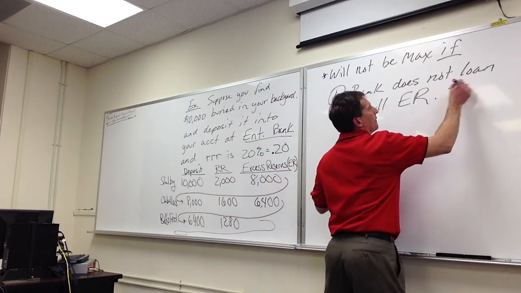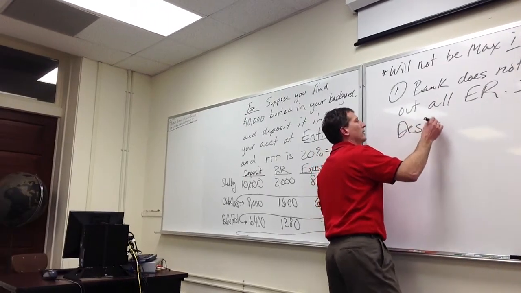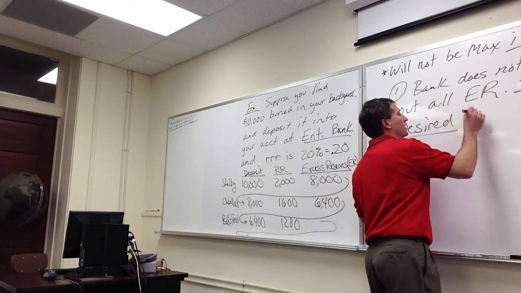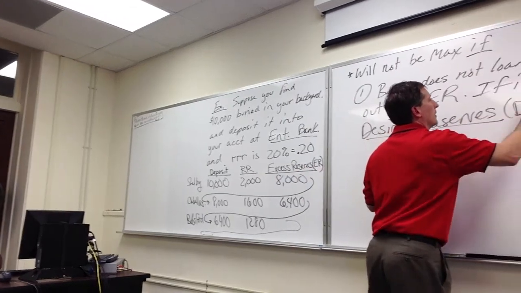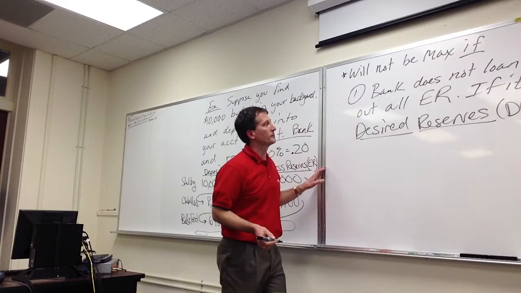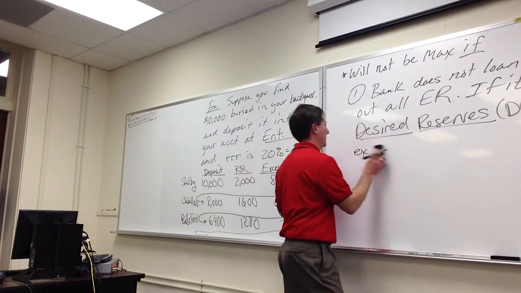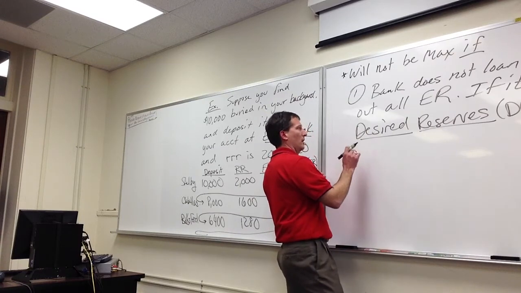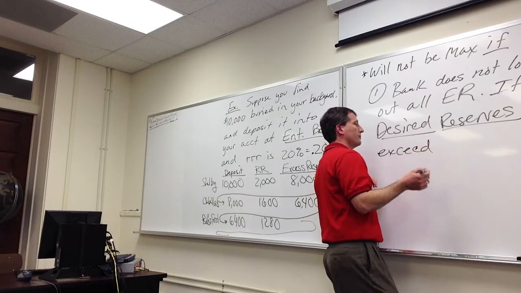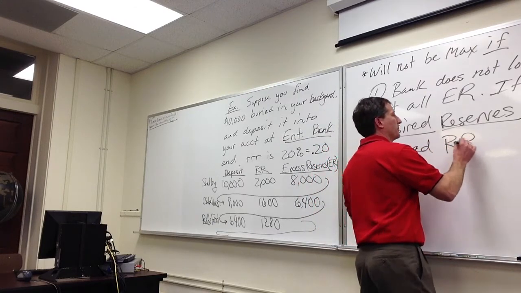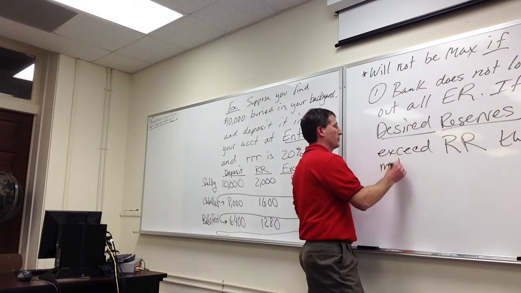So if desired reserves exceed required reserves, the multiplier will be less.